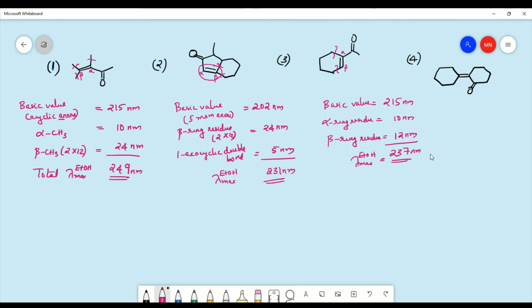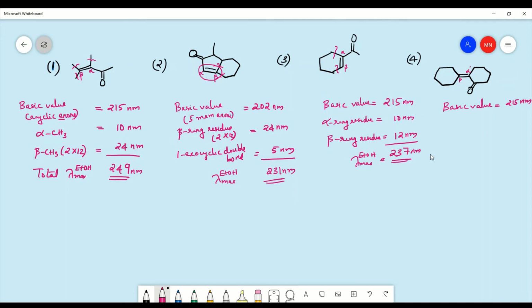Now move to the fourth compound. This is again a 6-membered enone, so the basic value again is 215 nanometer. Here this is the alpha carbon, this is the beta carbon.